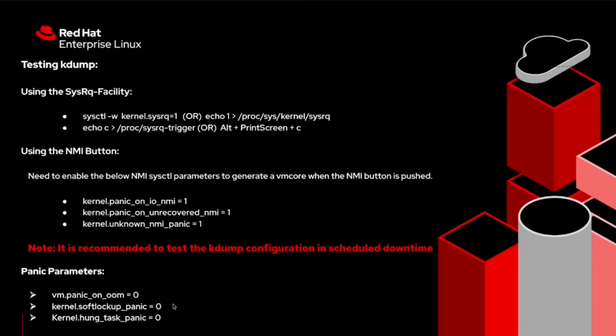Likewise, you can enable kernel.softlockup_panic and kernel.hung_task_panic to generate the vmcore file when soft lockup messages and blocked task messages are reported on the server. Enabling these parameters by default is not recommended. This option should only be used when necessary to troubleshoot a specific issue.